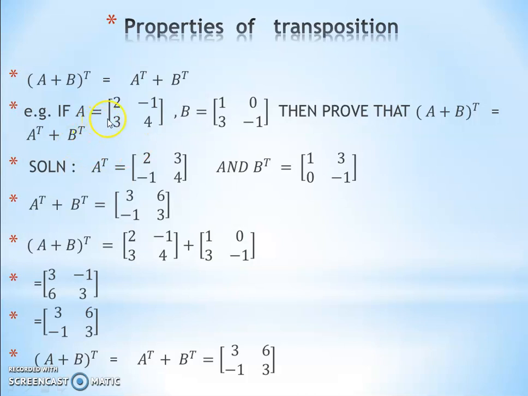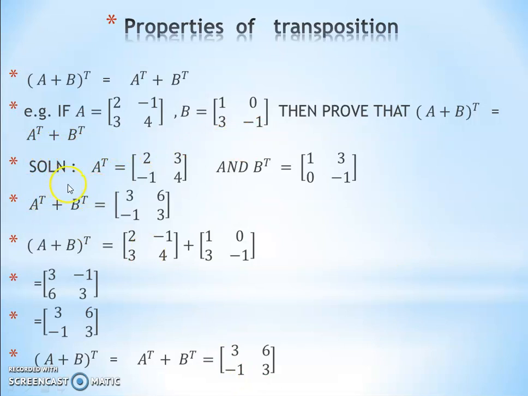If A is equal to [2 minus 1; 3 4], the order of this matrix is 2 by 2, and B is equal to [1 0; 3 minus 1], the order of this matrix is 2 by 2, then prove that (A plus B) transpose is equal to A transpose plus B transpose.